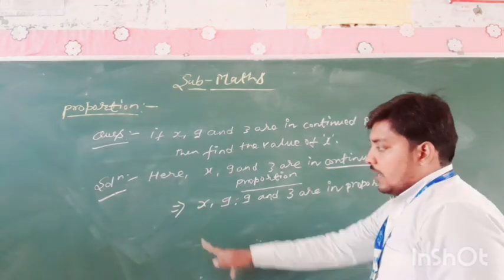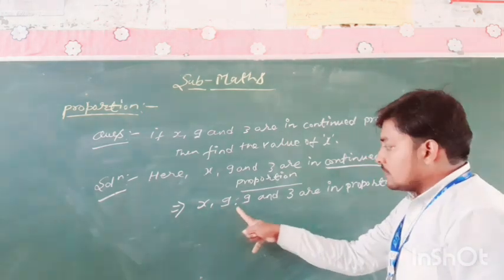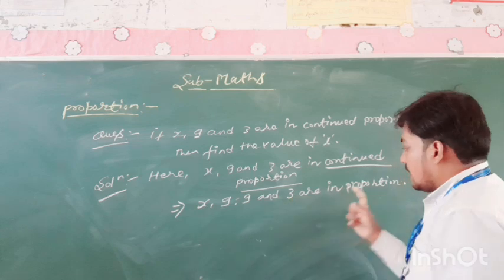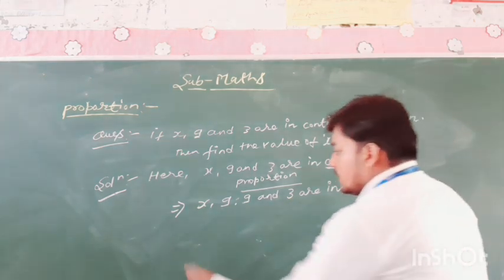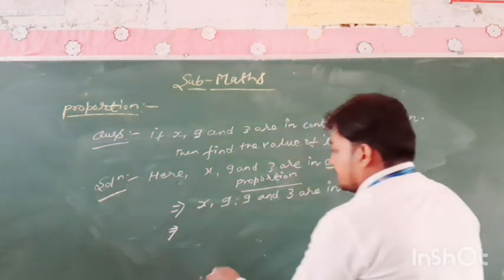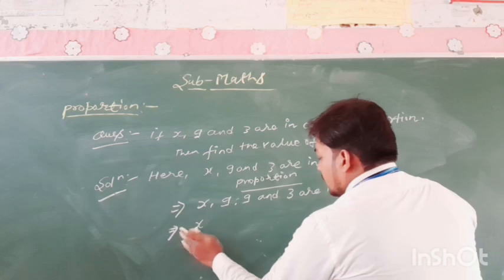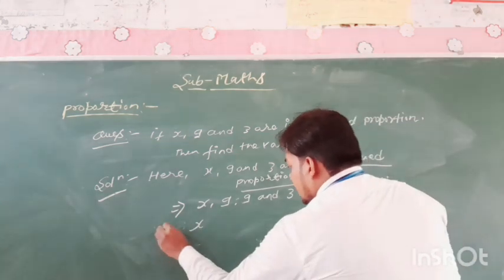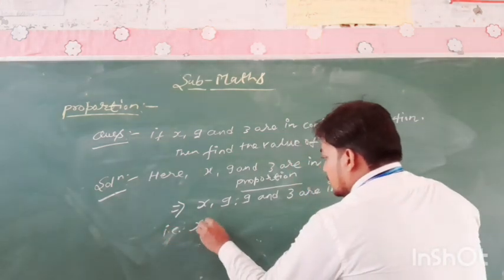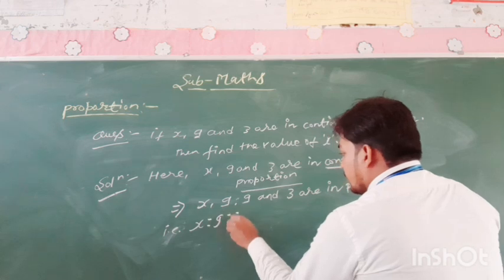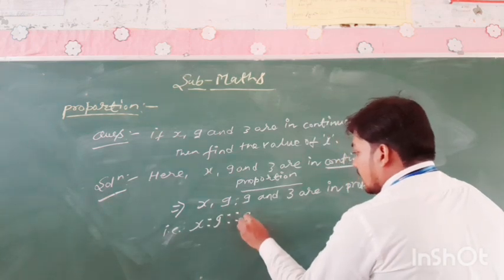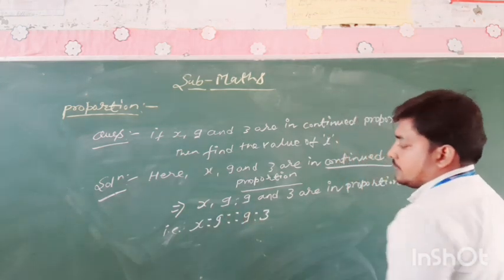If x, 9 and 3 are in proportion, we have to write x ratio 9 are in proportion to 9 ratio 3.